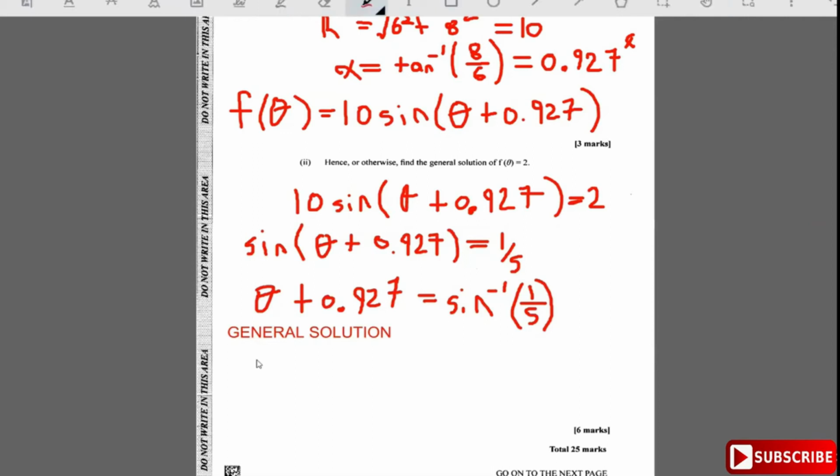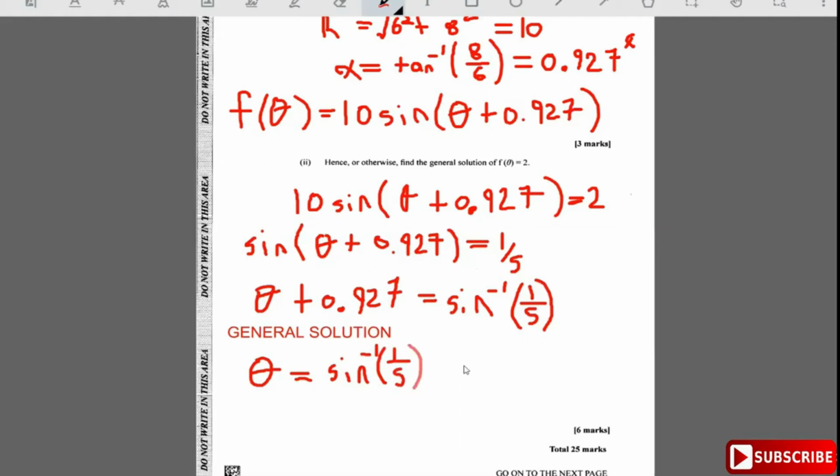So the general solution is theta is equal to sine inverse of 1 over 5 minus 0.927 plus 2n pi.